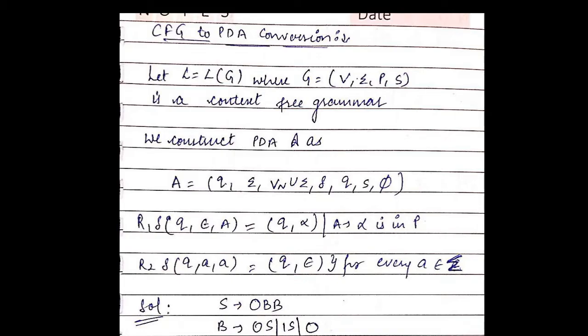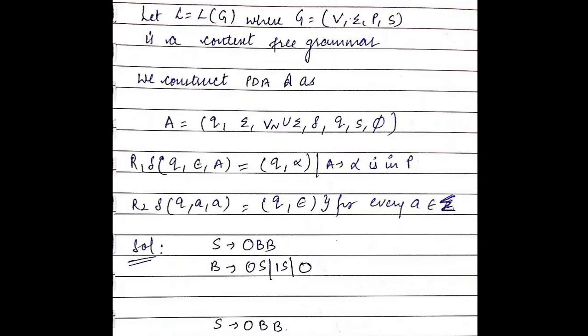So how can we convert it? There are certain rules for it. The PDA will be represented by the tuple (Q, Sigma, V union Sigma, delta, q, S, phi). So what are the rules?